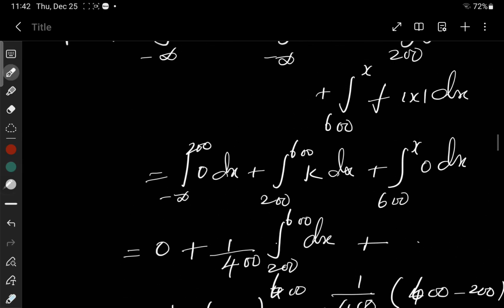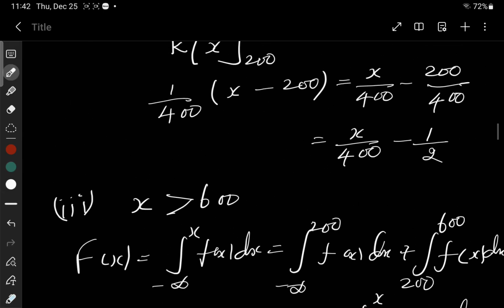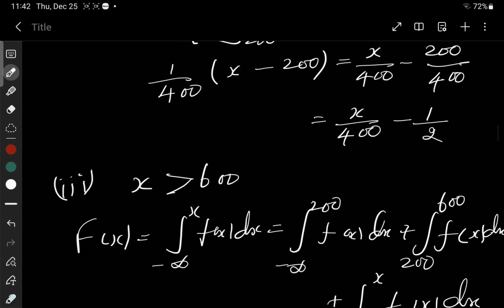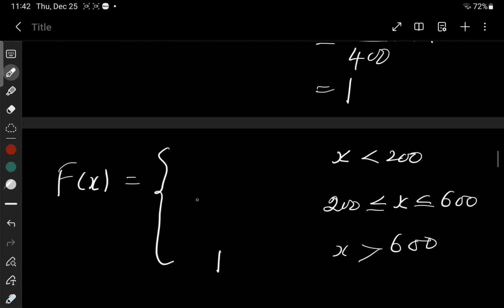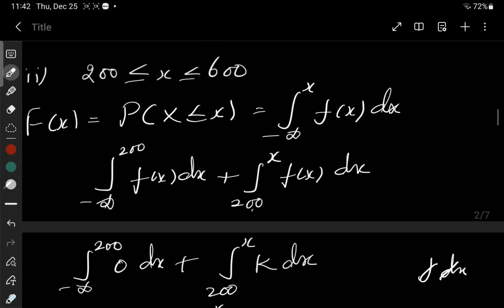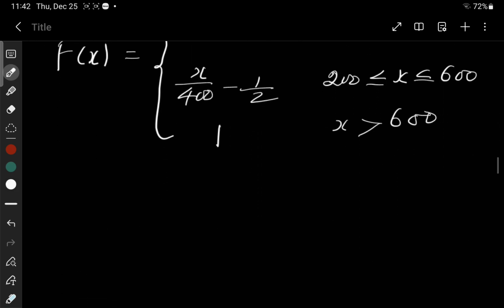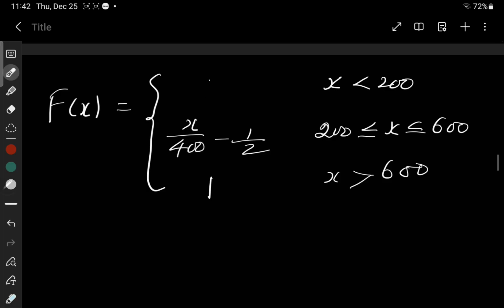And for x between 200 to 600, x by 400 minus 1 by 2. And what about for x less than 200? You are getting the answer as 0. This is 0. So this is the distribution function.